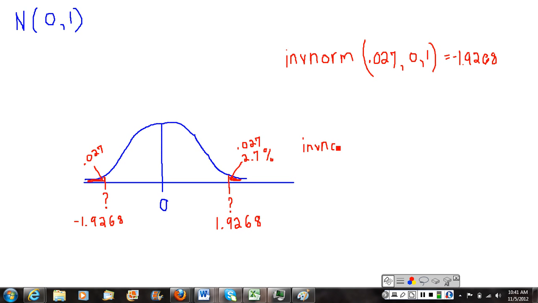When we do that, though, we need to be really careful about what we enter as our percent, because remember, inverse norm always wants the area to the left. So we have to think about, well, if this area is 0.027, the area from here all the way over to the other side is what we would enter there, and that's going to be 1 minus 0.027, which is, let's make sure we get it right, 0.973.